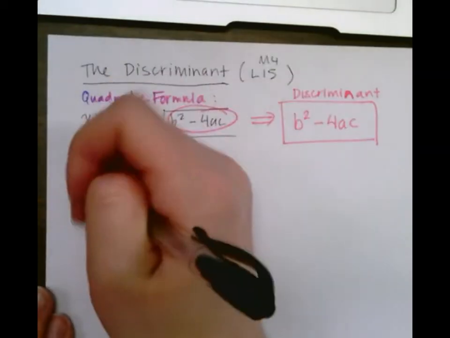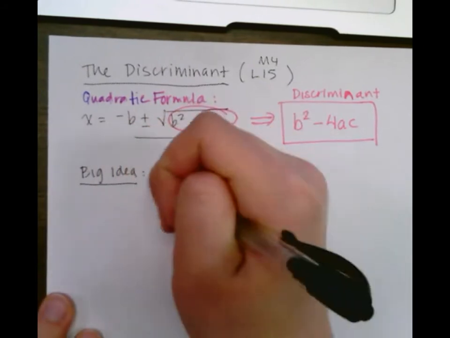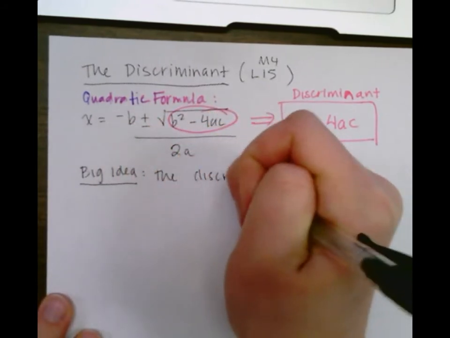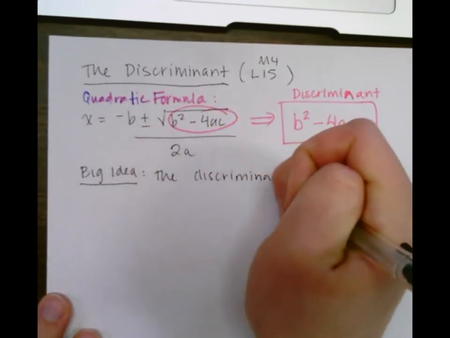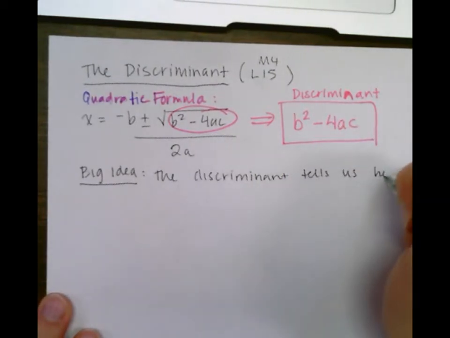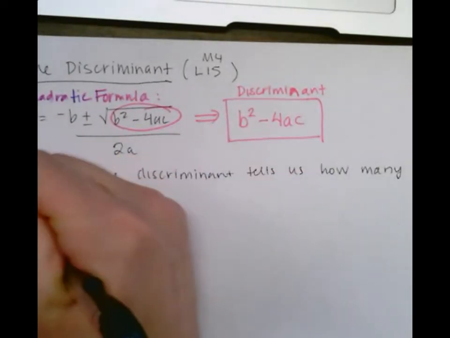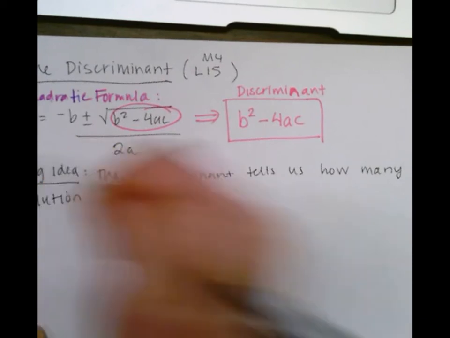And the big idea here is that the discriminant tells us how many solutions there are to a quadratic equation.